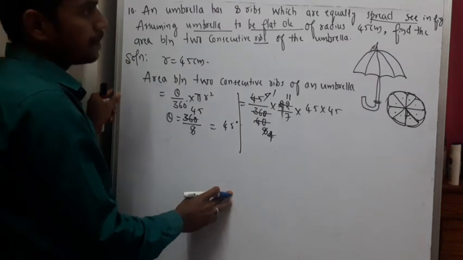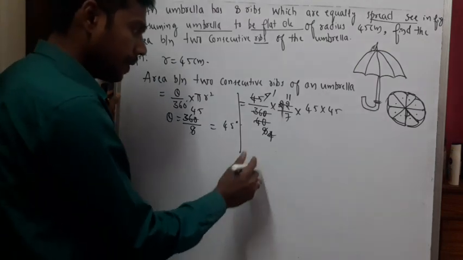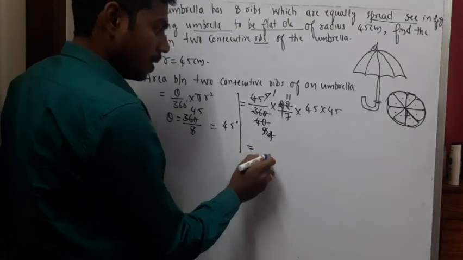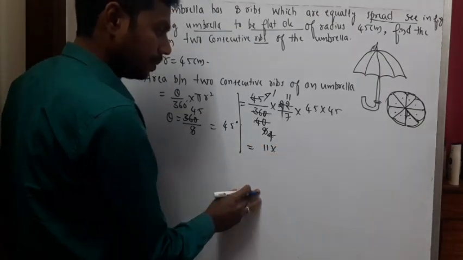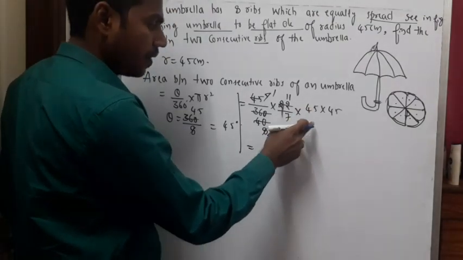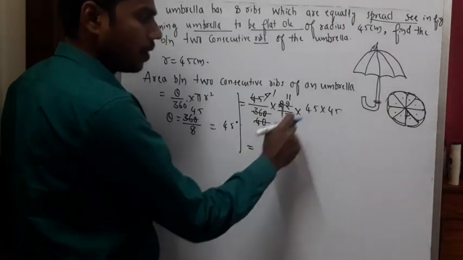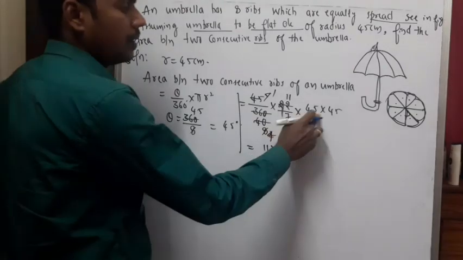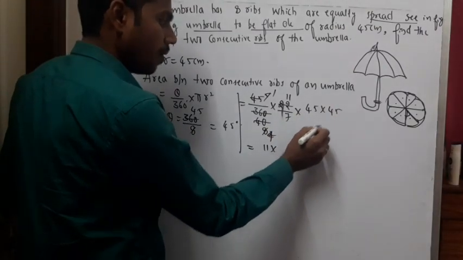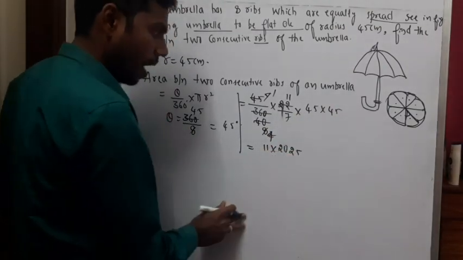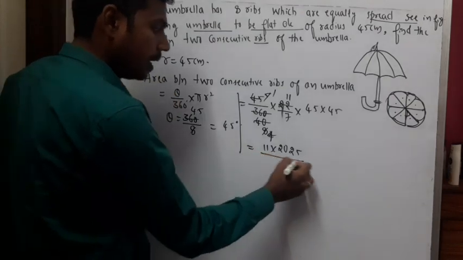Now what we can do? 11 into 45 into 45. 5 fives are 25, 5 fours are 20, that is 20 25 divided by 28.